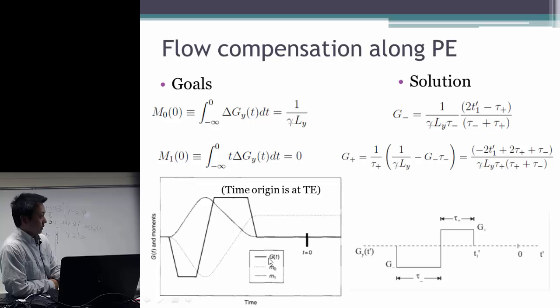We need to set the time origin at TE. So if we first play out this flow compensation gradient along the phase encoding, and then decide to change the TE, to use a longer TE, we would also need to dynamically update these two gradients to achieve the flow compensation effect. Otherwise, it will not be fixed if you want to use a different TE.